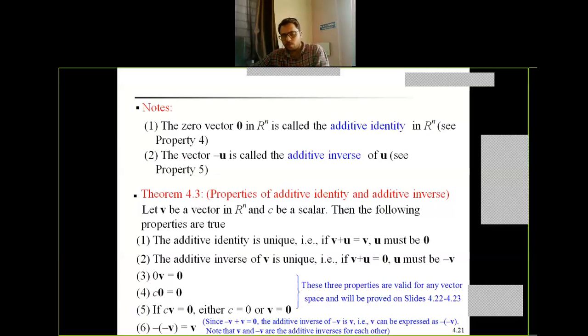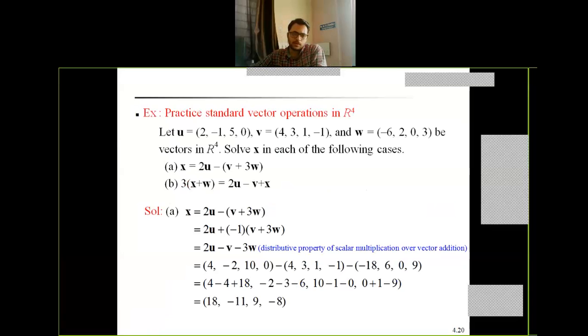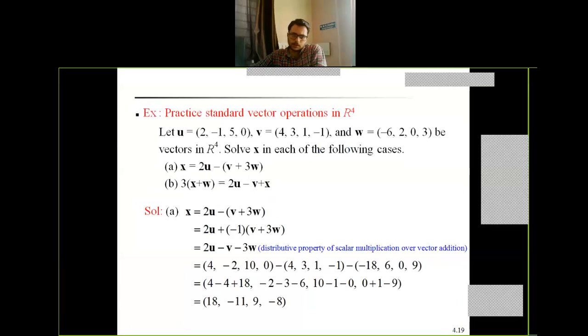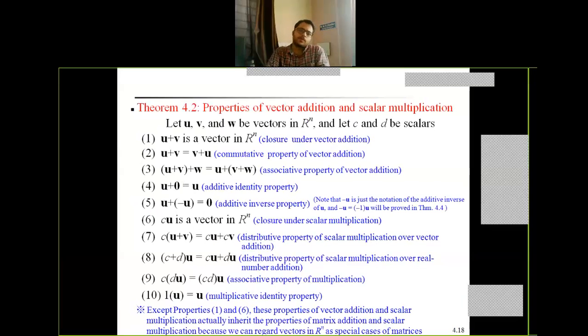See property 4, the vector property number 4 which they have given. This is called the additive identity property: u plus 0 is equal to u. That is what we discussed in the previous tutorial, that if we add the zero vector with any vector u, the resultant vector will be the same vector u. Since it does not have any direction, we can visualize this: the zero vector is simply a dot.